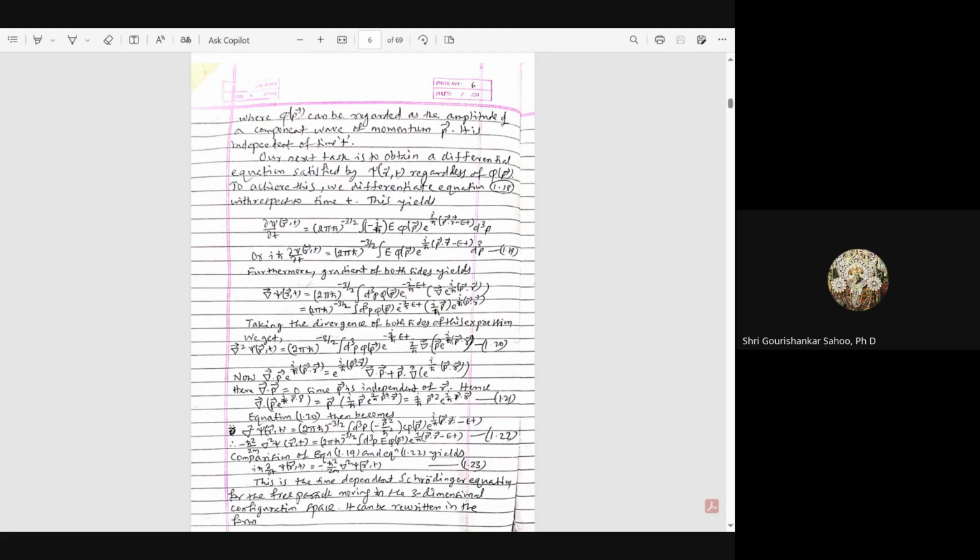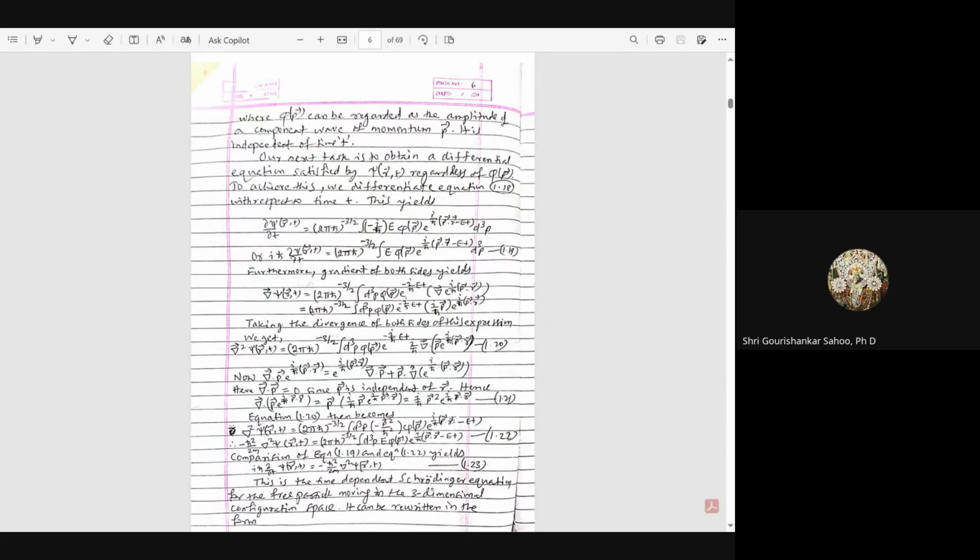In 3 dimensions, it is represented by the divergence, the del operator. So del square psi is equal to 2 pi h cross to the power minus 3 by 2 integration d cubed p phi e to the power minus i by h cross Et, i h cross del dot p vector e to the power i by h cross momentum vector dot product position vector.